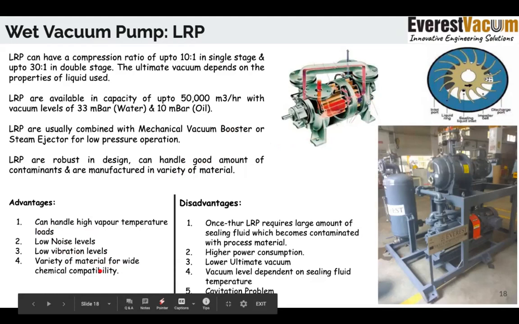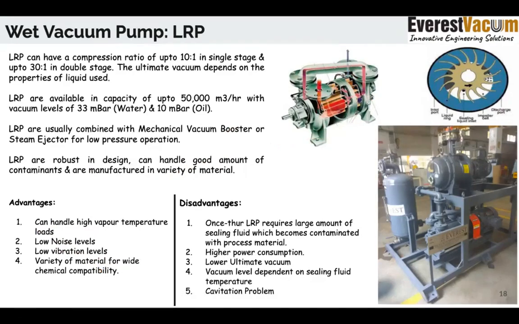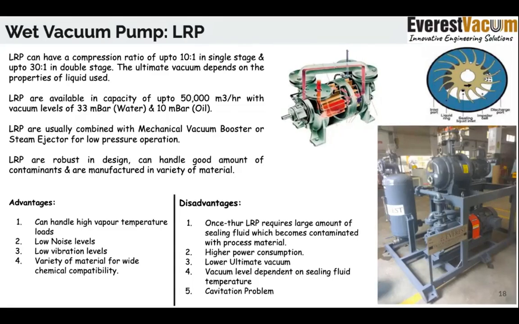But still, with all of these advantages, why are liquid ring vacuum pumps not the preferred choice for the chemical process industry? When I say chemical process industry, it includes all pharmaceutical industries also, because they are also manufacturing chemicals at the end of the day. So any agrochemical, any pharma, they are all categorized in the CPI category for us in the field of vacuum.